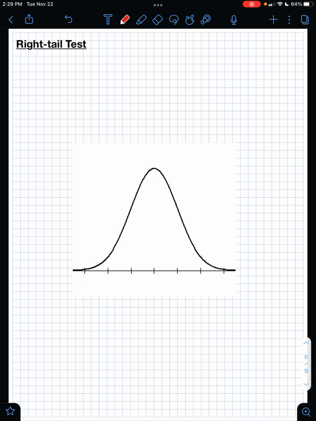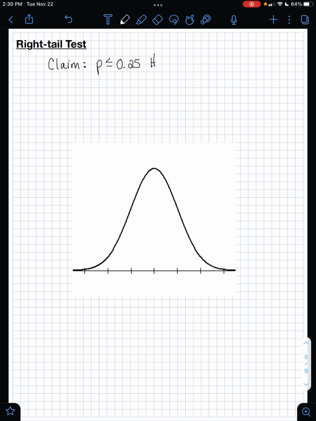A right tail test is used when the alternative hypothesis contains a greater than statement. So for this example, suppose we are given the claim that the population proportion is less than or equal to 0.25.